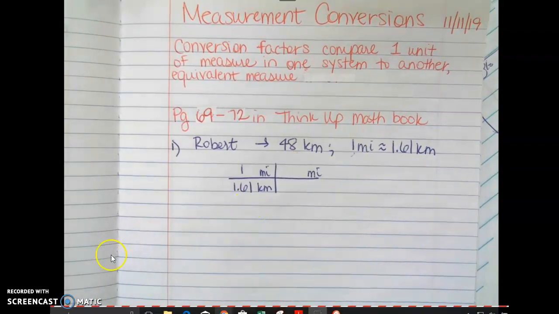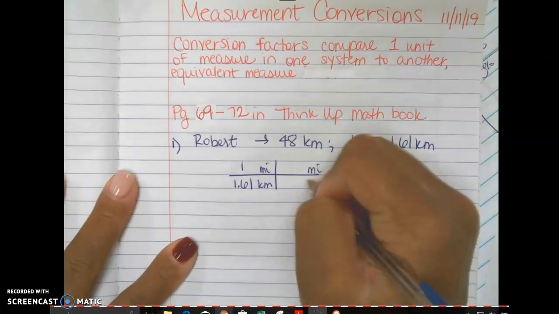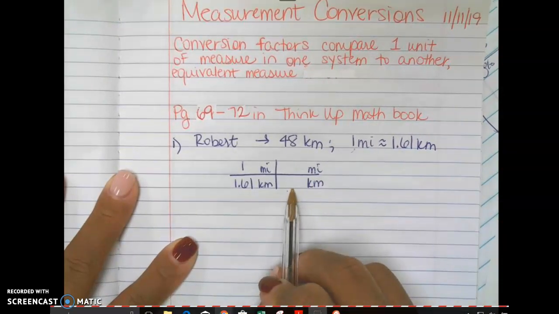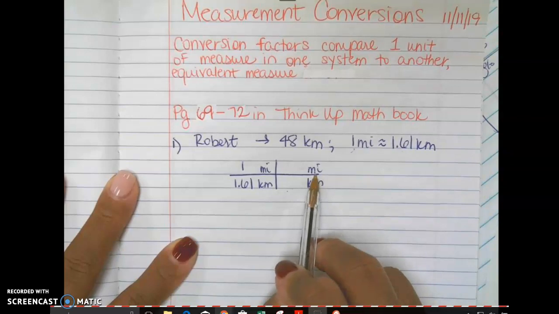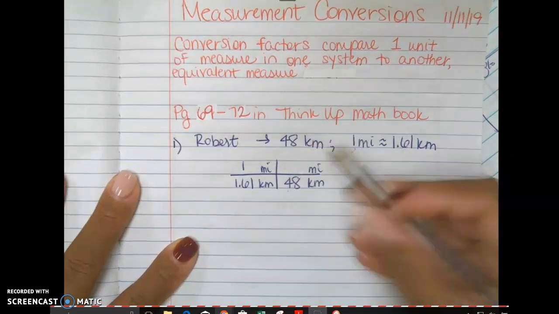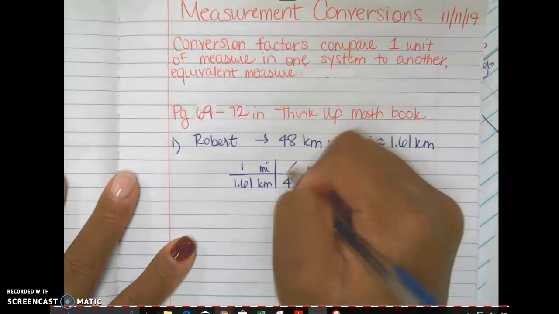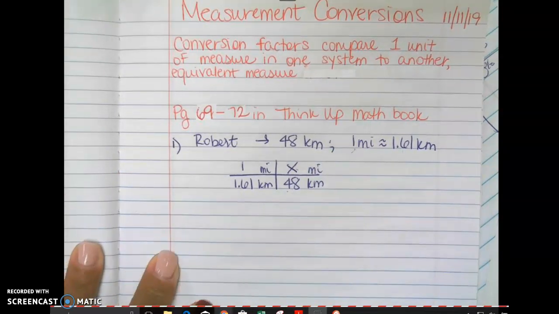Hold on, y'all. Okay, you said I know about 48 kilometers. So I have to put it in the only space that's left for kilometers. I can't put 48 over here because this is what? This is miles. So then what goes on top since it's my unknown? X.